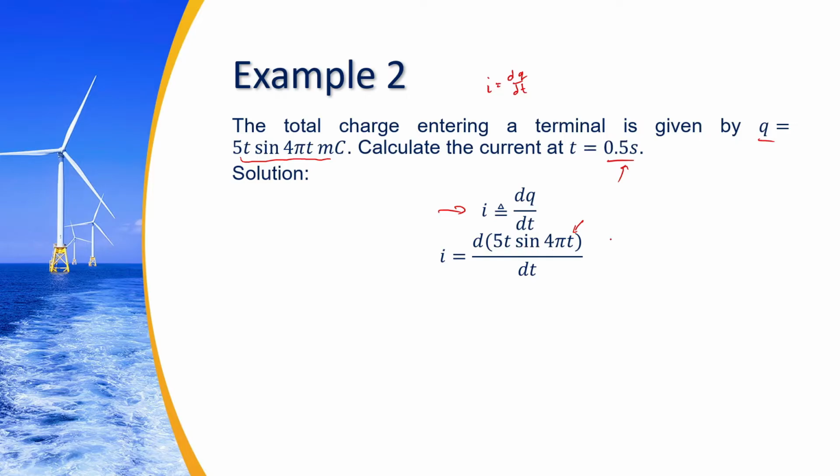Ang derivative ng sine ay alam natin na cosine. Then, ang derivative ng cosine ay negative sine. Kaya kapag dinerivative natin ito, gagamit tayo ng product rule ng derivative.